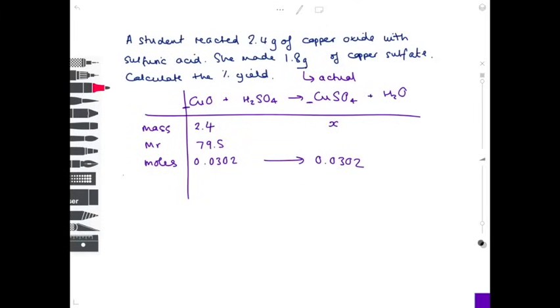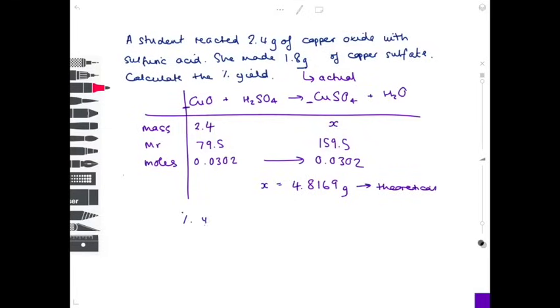Now work out the Mr of copper sulfate, so you want to do 63.5 plus 32 plus 4 times 16. That gives us an Mr which is 159.5, and then we work out X by doing 159.5 times 0.0302 to get 4.8169 grams.